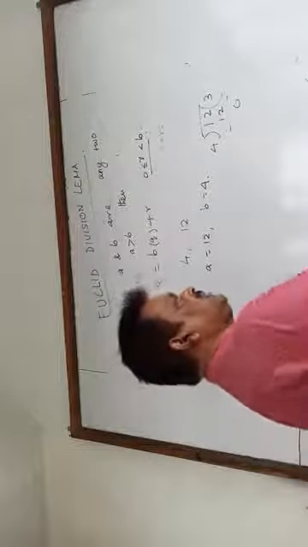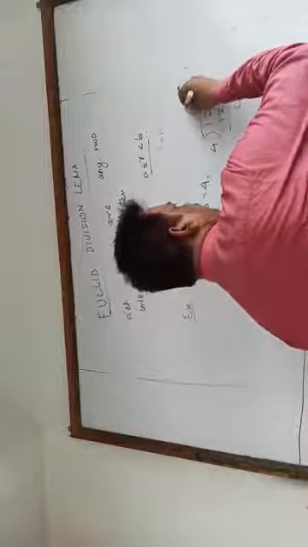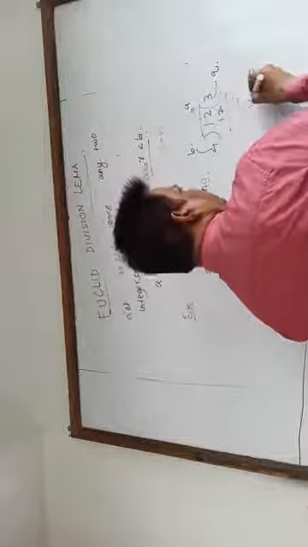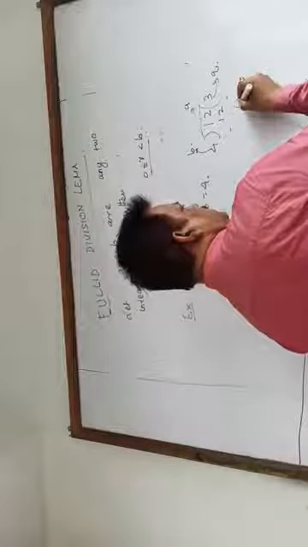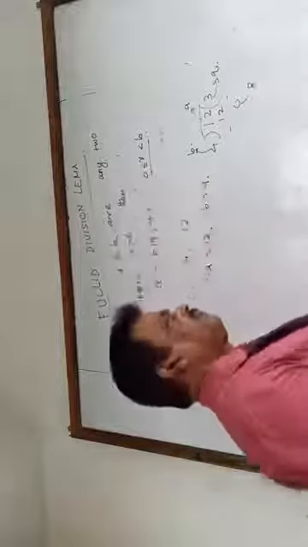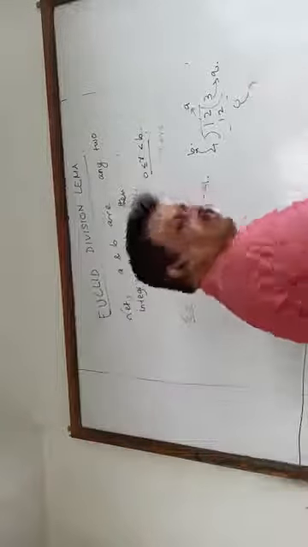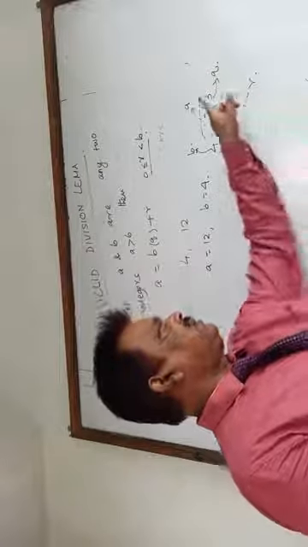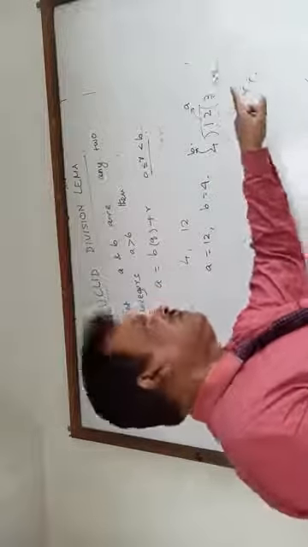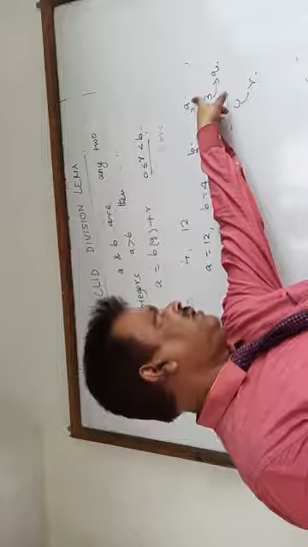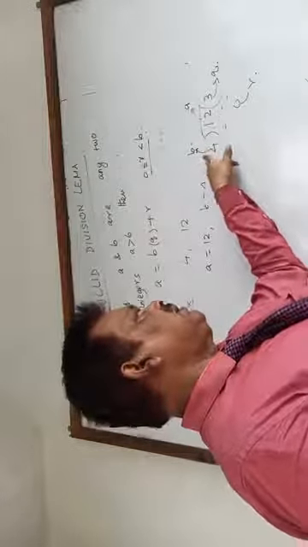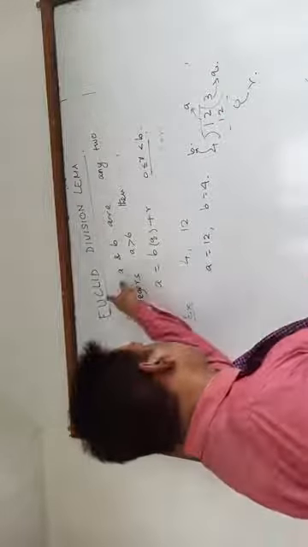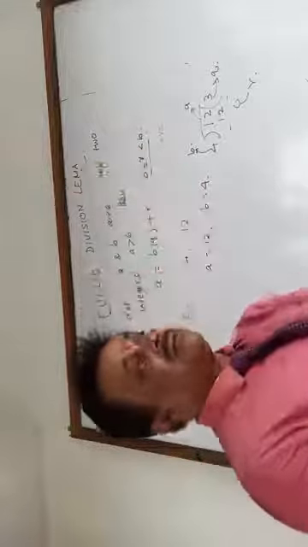So this is A, this is B, this is Q, this is R, small r. A equals BQ plus R. That means dividend equals divisor into quotient plus remainder. This is what you define as Euclid lemma.